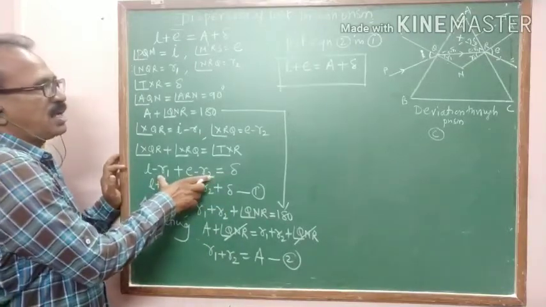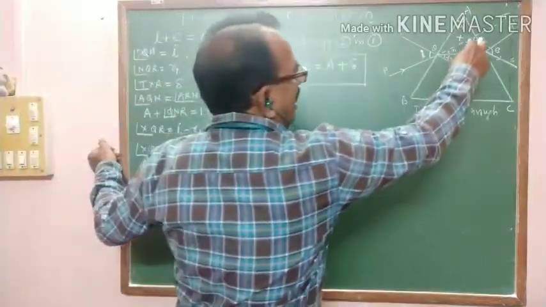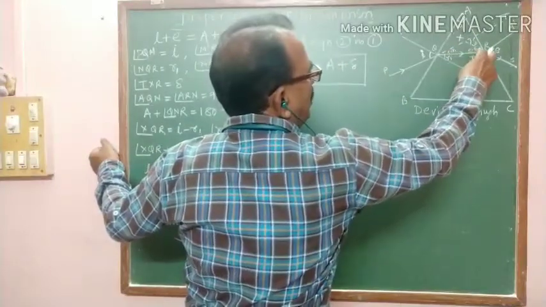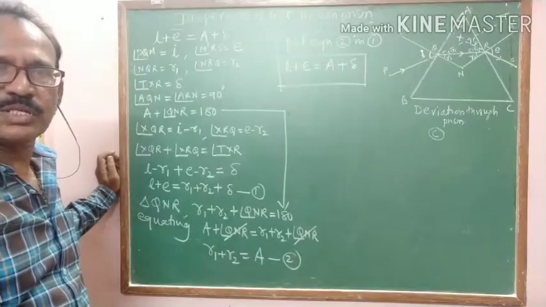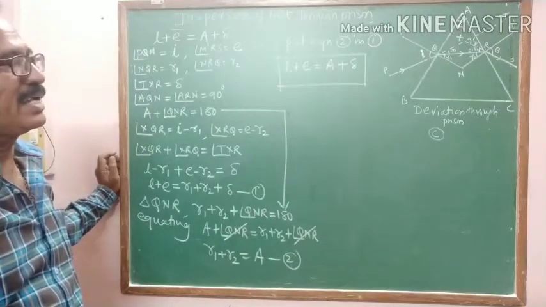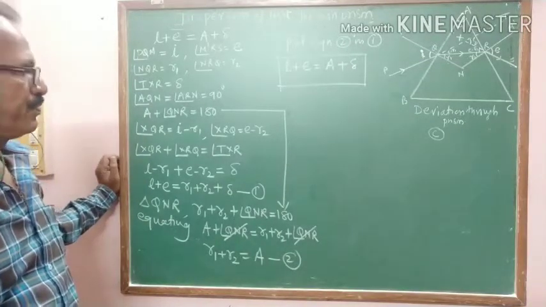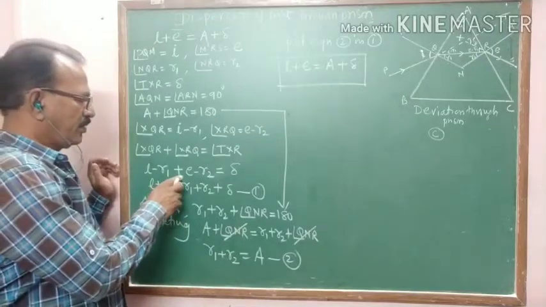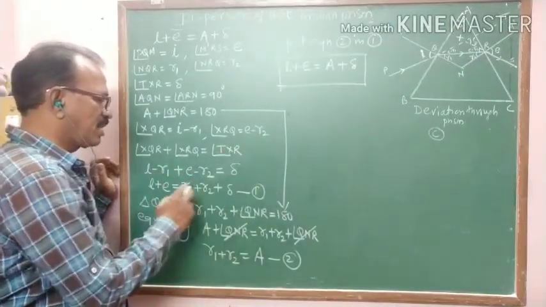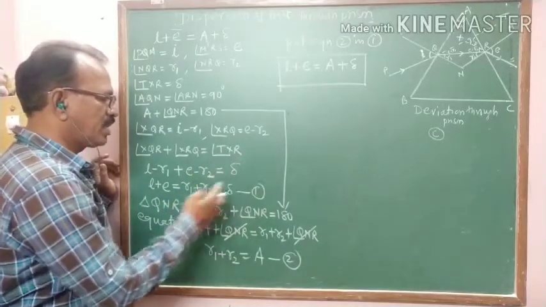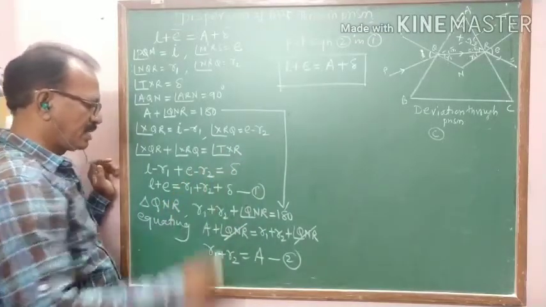How does this equation come? I have told you that the exterior angle is equal to the sum of the interior angles. Then from this equation, i plus e is equal to r1 plus r2 plus delta.